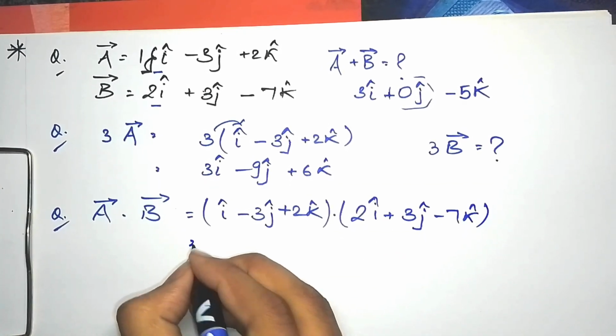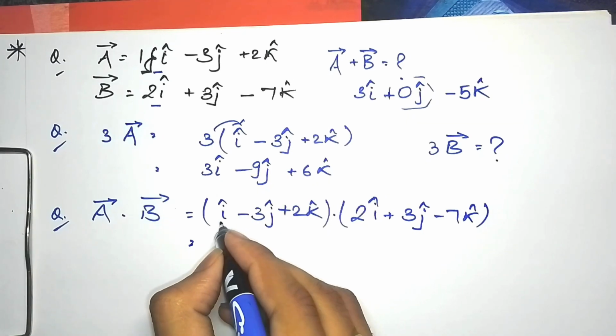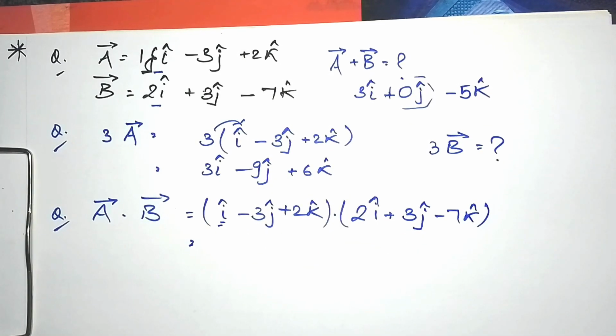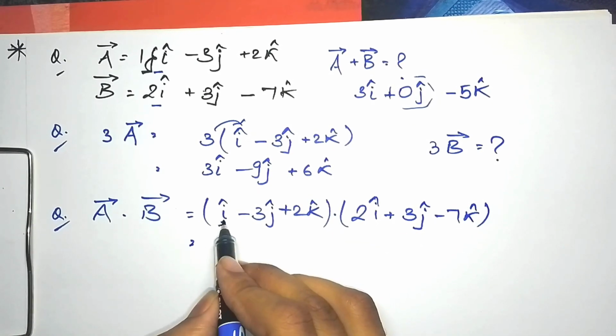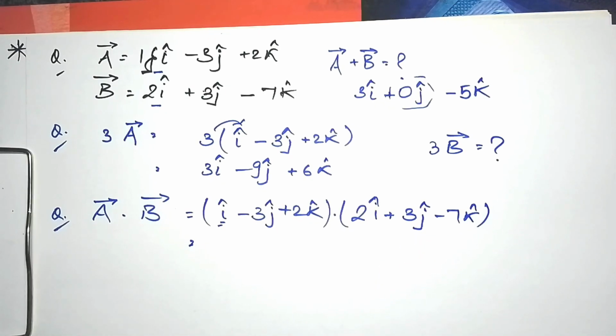Now when we multiply these two, suppose I am taking i cap with all others. In this case, i cap into 2 i cap. So as I had told you, when we do the dot product, we have to multiply the magnitude of both the vectors and take the cos of the angle between them.